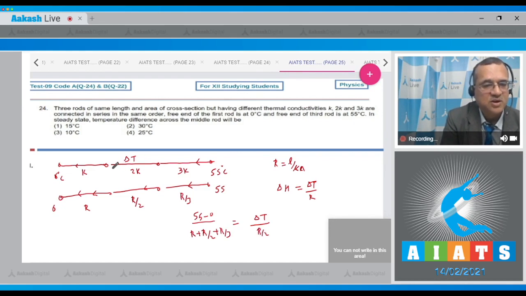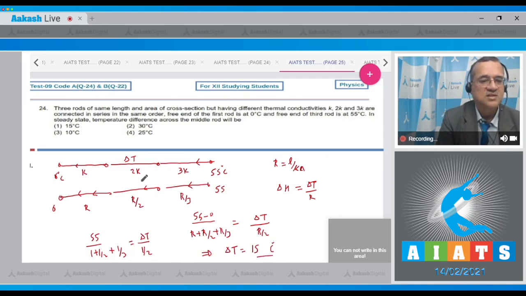And delta T, you want to find out the temperature difference. So 55 divided by 1 plus 1 by 2 plus 1 by 3 is equal to delta T divided by 1 by 2. So cross multiply and solve, the delta T comes to be 15 degrees Celsius. So temperature drop across this section is 15 degrees Celsius. So answer is 1 to this question.